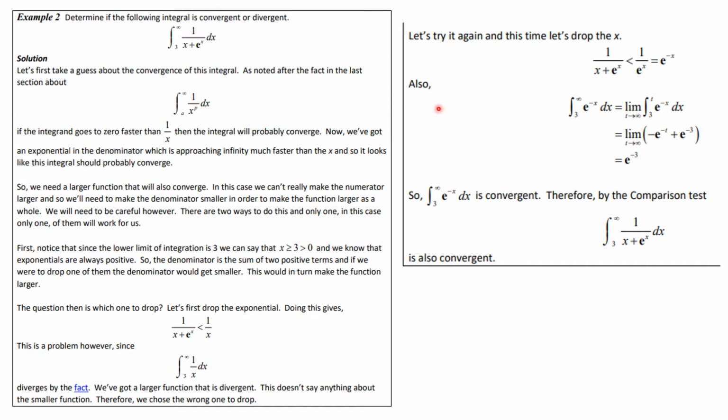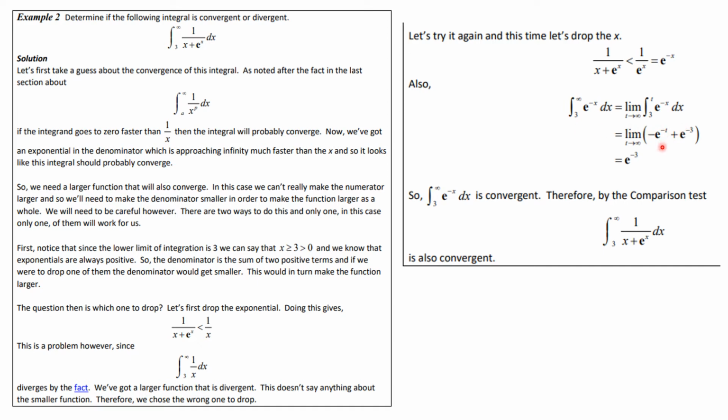Let's try it again. And this time we're going to say that, well, x is positive over this interval from 3 to infinity. And so that means that 1 over x plus e to the x is less than 1 over e to the x, and that's e to the minus x. Now we know that e to the minus x converges, like here's the calculation, this improper integral would be this limit.